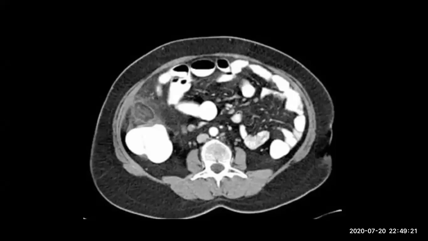The picture suggests epiploic appendagitis. This is consistent with epiploic appendagitis. What are the signs here? Ring? Hyperattenuating ring sign.